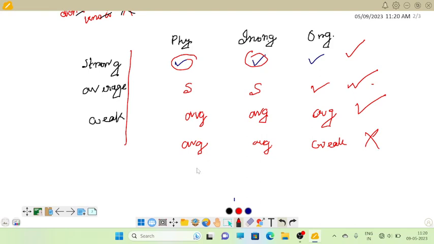And if you are strong in two and weak in one subject, still you can qualify, because two subjects are enough to qualify CSIR-NET. Mark my words, two papers are enough.